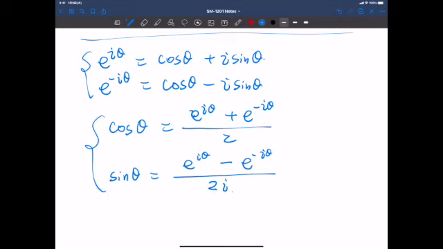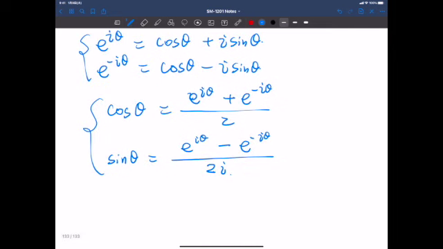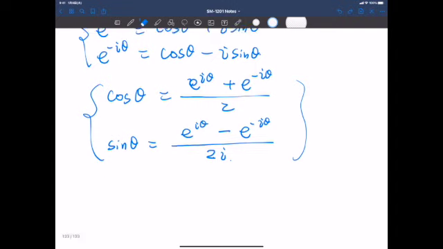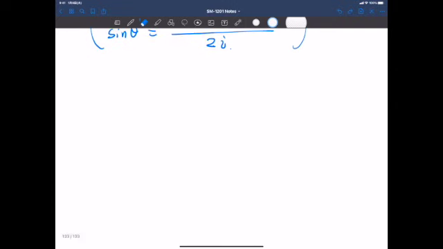Okay, so here is another way to express cosine theta and sine theta. We could have defined these two functions, cosine and sine, in this way if we already had defined the exponential function. Okay, that's all for today.